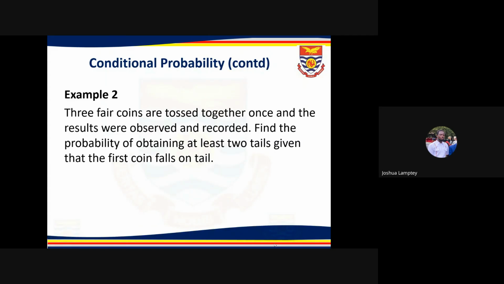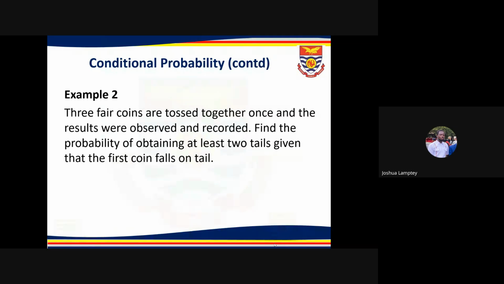The next part is to find the probability of obtaining at least 2 tails, given that the first coin falls on tail. So for the event of getting at least 2 tails, I had 4 of the items: head, tail, tail; tail, head, tail; tail, tail, head; and tail, tail, tail.